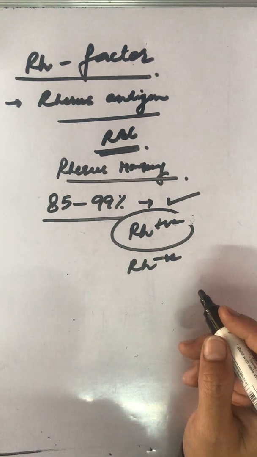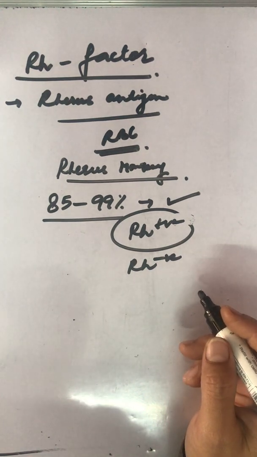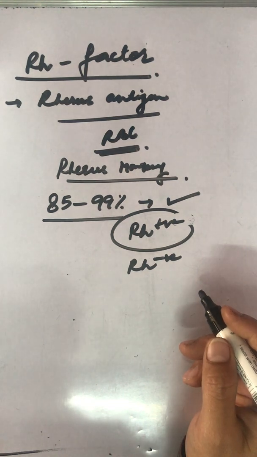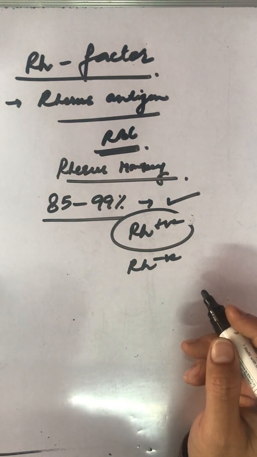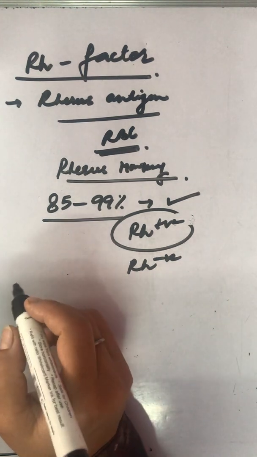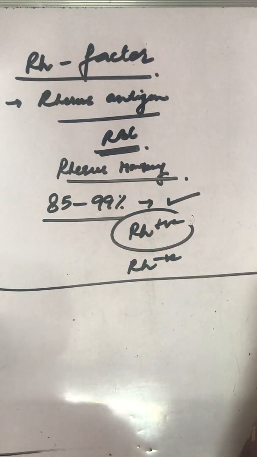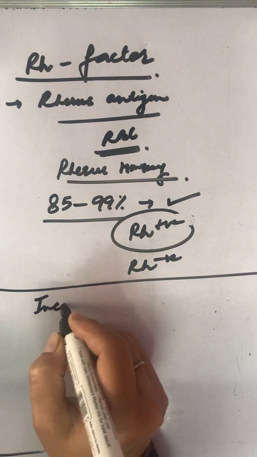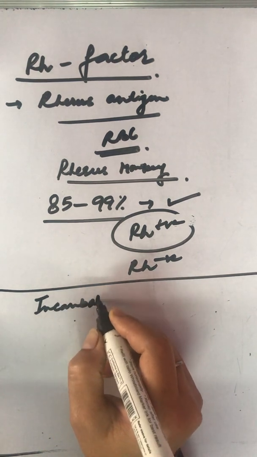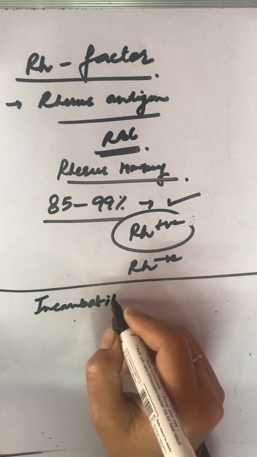Among American blacks, about 95% are Rh positive, and African blacks are about 100% Rh positive. What happens in this Rh factor? It is the incompatibility factor.